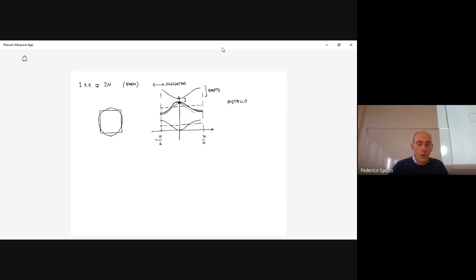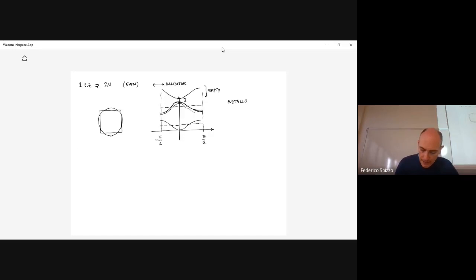So only the bands where we have a number of electrons that is larger than 0 and smaller than 2n may give rise to a current density that is different from 0.